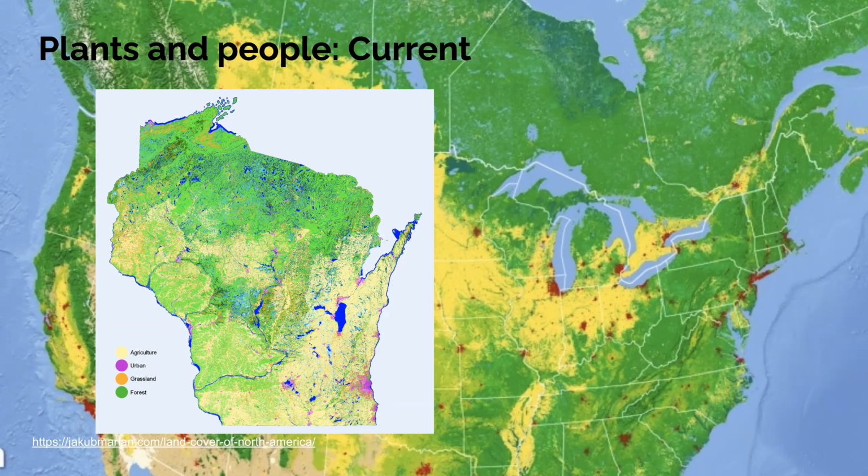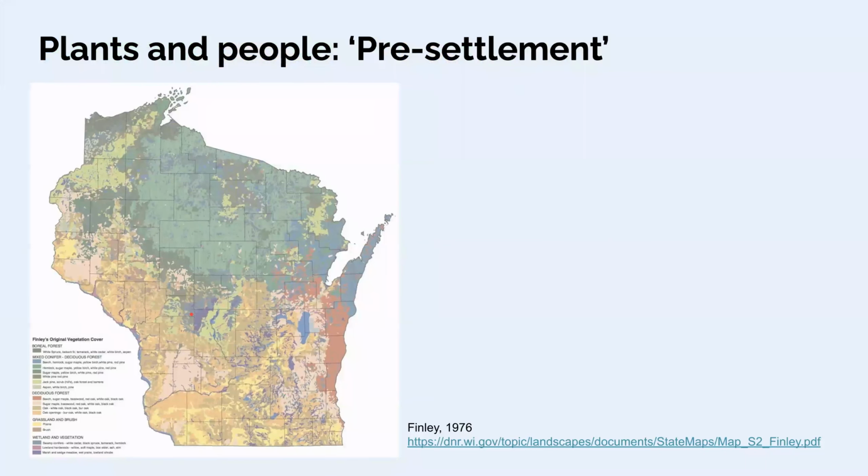Those have turned into more ideal farm areas, and that kind of has an impact on the native plant communities. So now a map of Wisconsin here showing the current land use. So a big chunk here in this agricultural color. Pink is the urban areas, Milwaukee and Madison, and then forest and grassland kind of scattered throughout the less populated parts of the state.